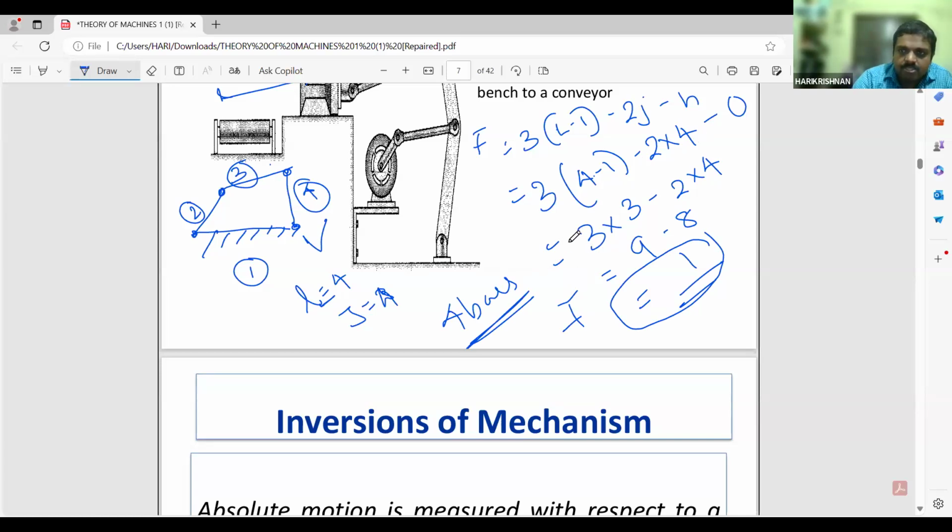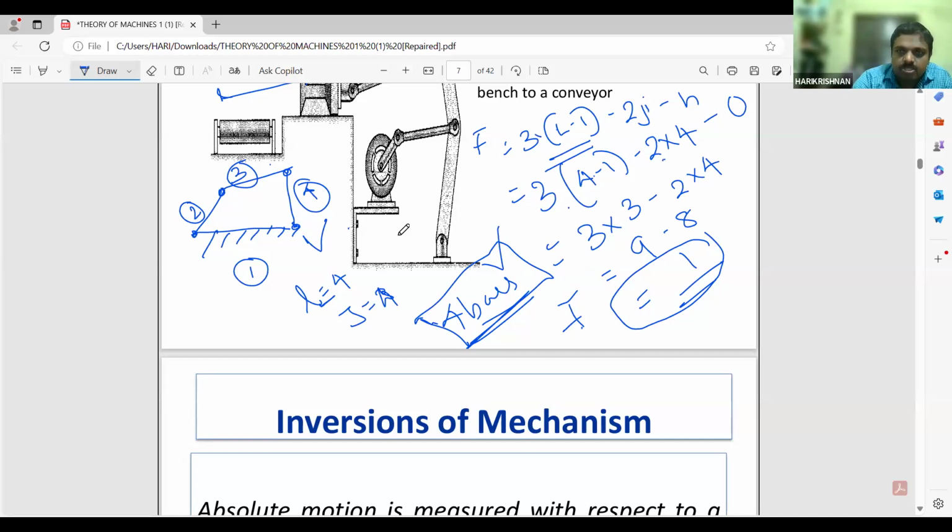I think the concept is clear, no? The simplest form of mechanism is a 4-bar mechanism, and for a system to be a mechanism, it should have 4 bars. Any doubt? This is how you will be calculating. We know that there are 4 links over here and 4 joints.